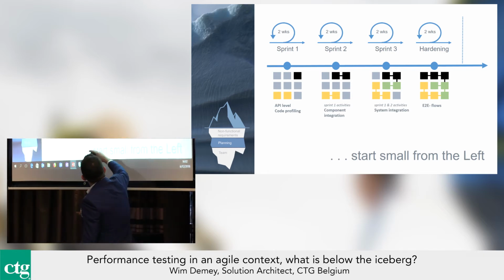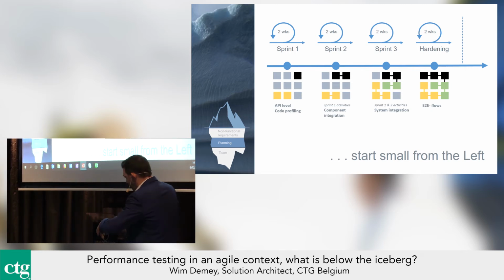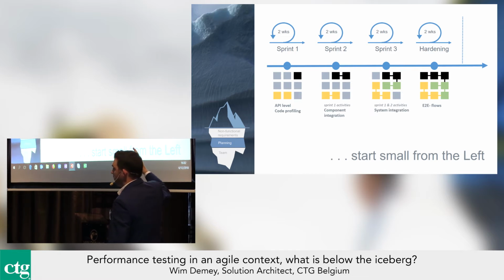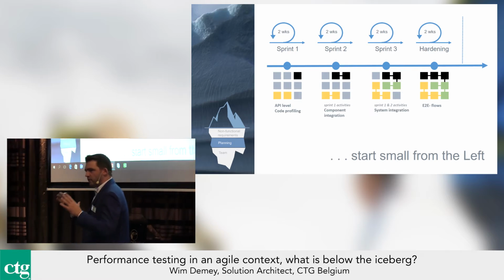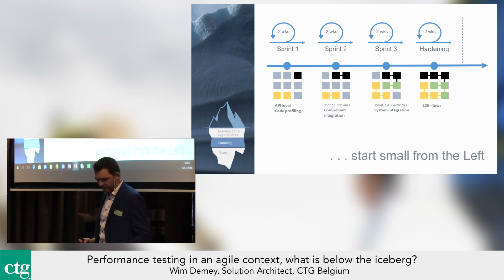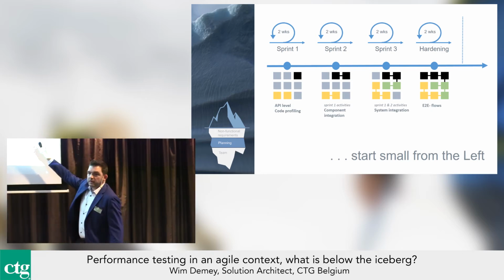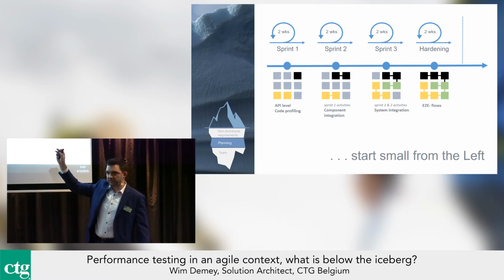And so I evolve more and more to doing performance testing on a system level. And finally, in your hardening sprint, I would recommend focusing on end-to-end performance testing. And that's normally the phase where you plan to do the high volume testing.